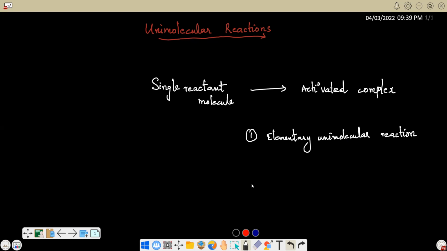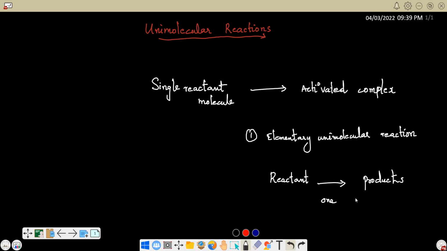First, we can talk about what elementary unimolecular reactions are. Here the reactant forms a product. In this reaction, the products are obtained from the reactant in a single step.